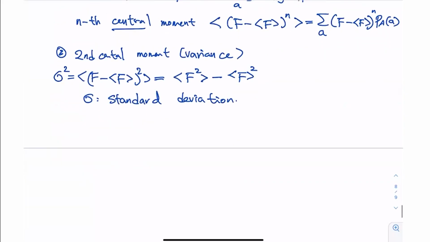Another quantity that I want to introduce is the correlation function when you have multiple random variables.